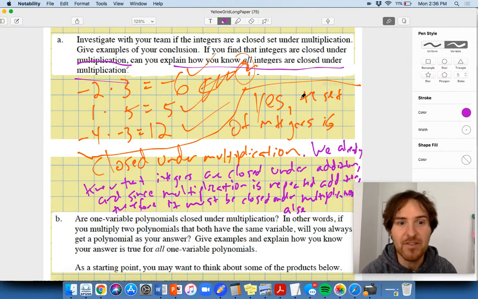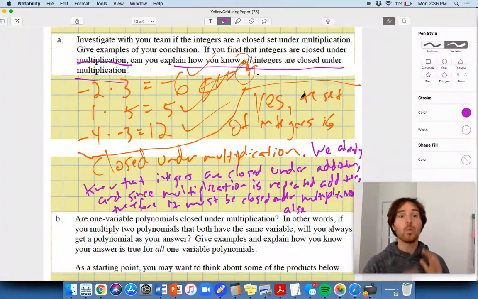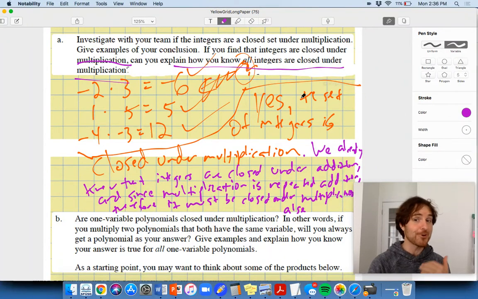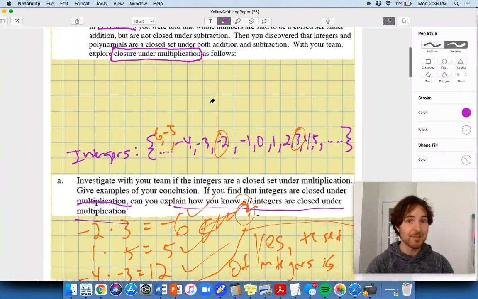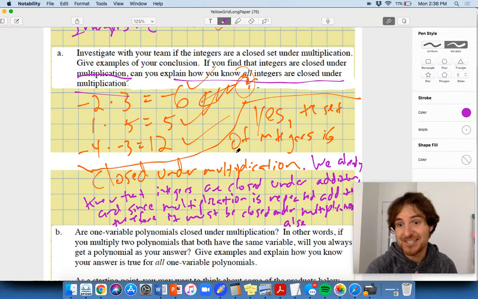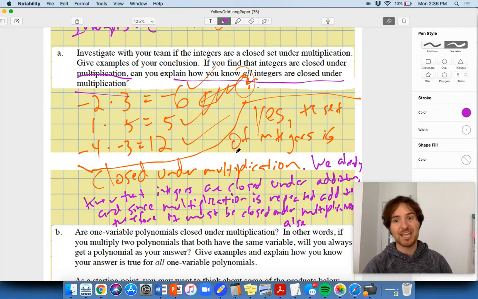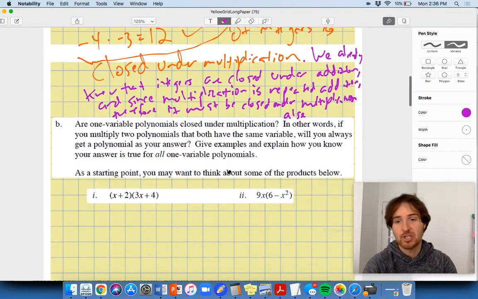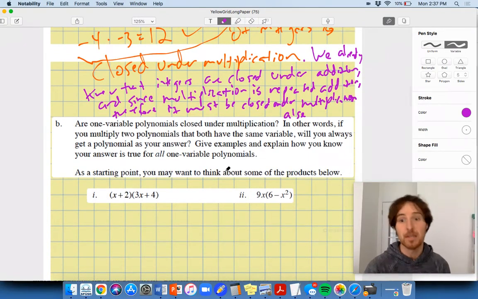Yes, the set of integers is closed under multiplication. We already knew that integers are closed under addition. And since multiplication is repeated addition, multiplication also must be closed, because it's simply extending what we knew about addition being closed. Addition and multiplication are pretty much the same thing, just multiplication is repeated addition.